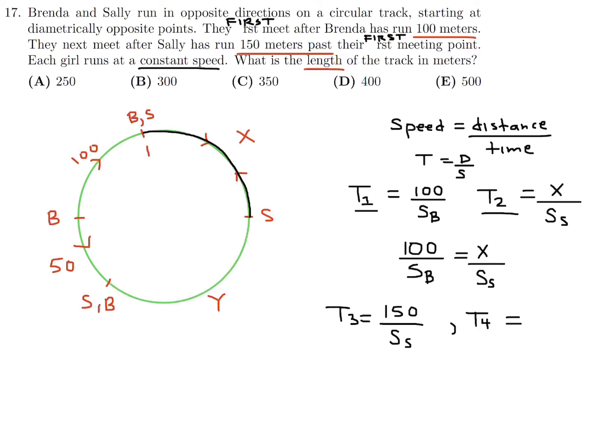So therefore, her distance is x plus y, and her speed is the speed of Brenda. And then because they meet up, T3 is equal to T4, and therefore 150 over the speed of Sally is x plus y over the speed of Brenda.